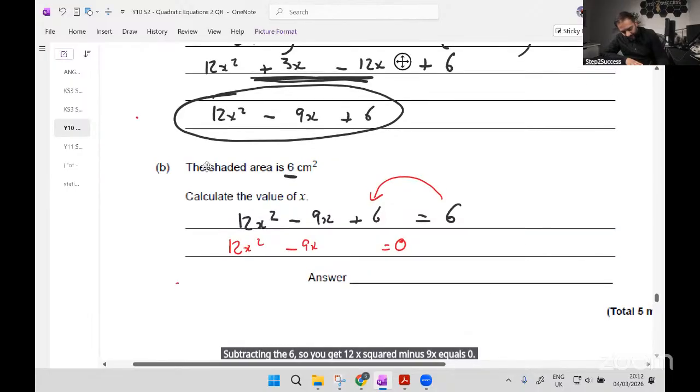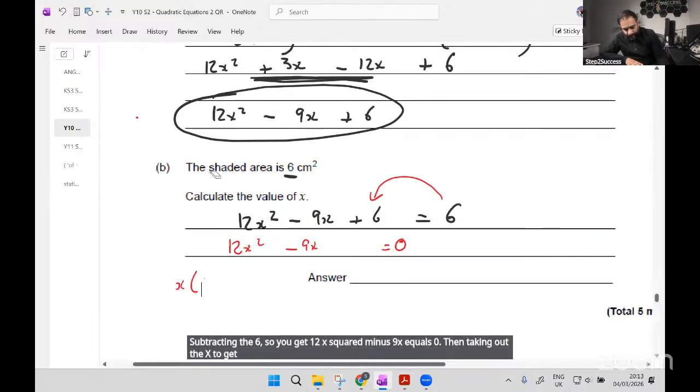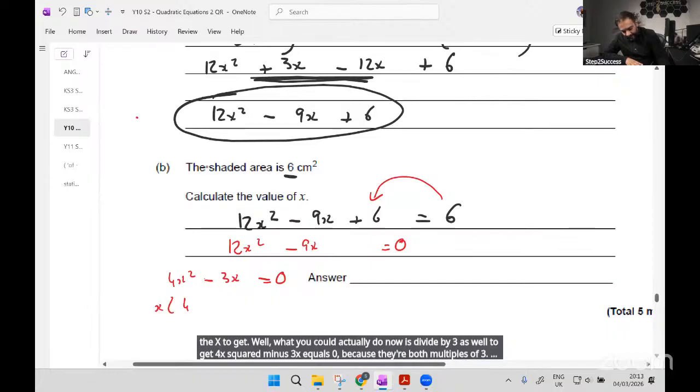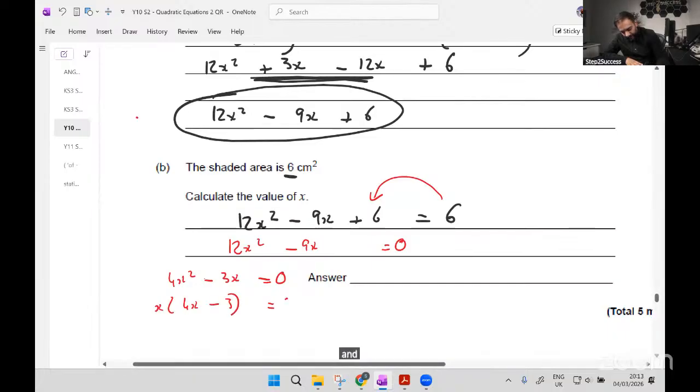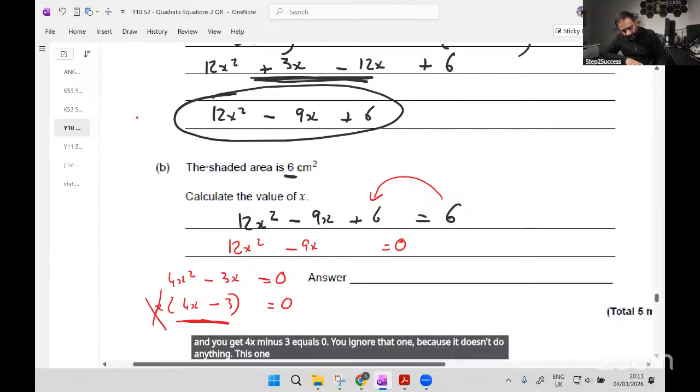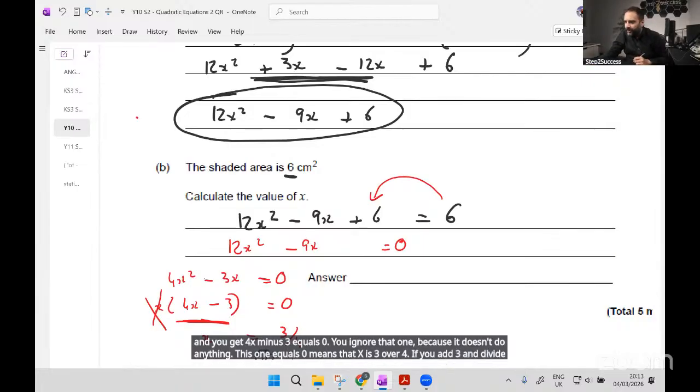What you could actually do now is divide by 3 as well to get 4x squared minus 3x equals 0, because they're both multiples of 3. Then take the x out and you get x times 4x minus 3 equals 0. You ignore the x one because it doesn't do anything. 4x minus 3 equals 0 means that x is 3 over 4, if you add the 3 and divide by 4.